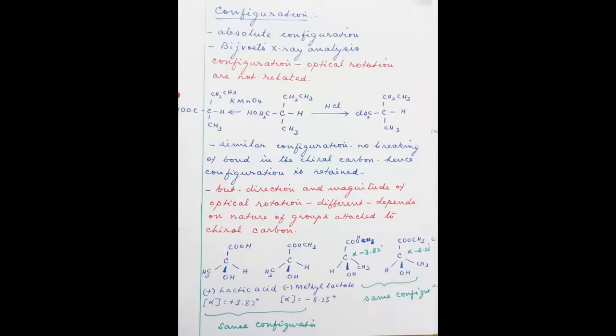So configuration is entirely different. Optical rotation is entirely different because the direction and the magnitude of optical rotation depends on the nature of the groups attached to the chiral carbon. But configuration depends upon the spatial arrangement. So we are going to see so many configurations: R configuration, S configuration, and D configuration, L configuration in the forthcoming classes.